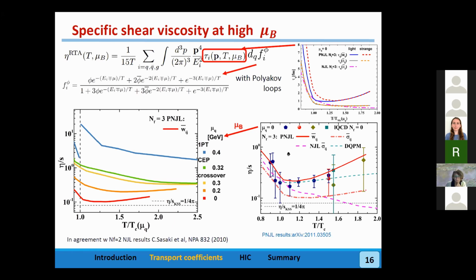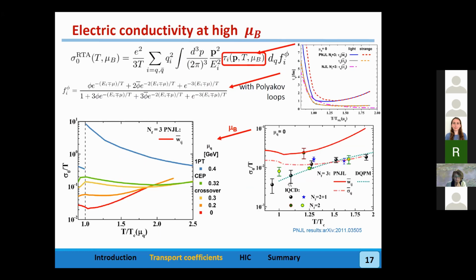That is also the same for the electric conductivity, while for electric conductivity the differences are maybe bigger, because here more quark degrees of freedom play a role than gluons. But anyway, the temperature dependence is the same. You can see that these lines are completely parallel.